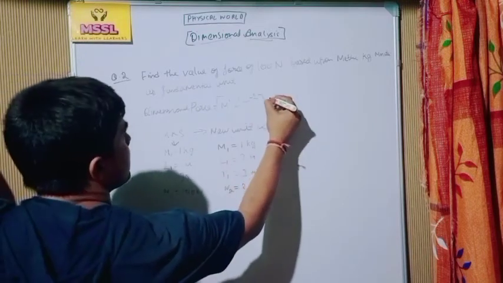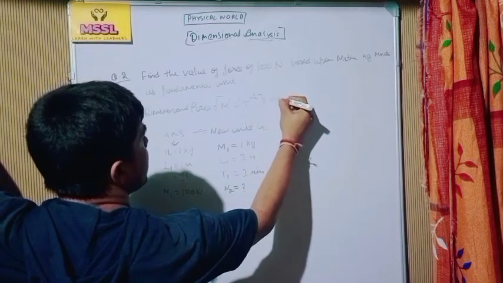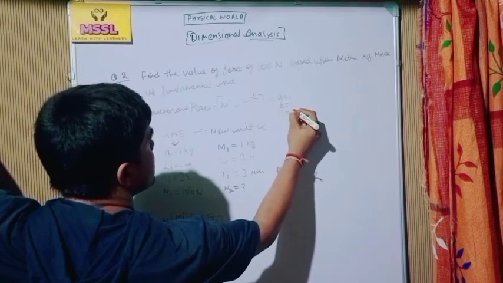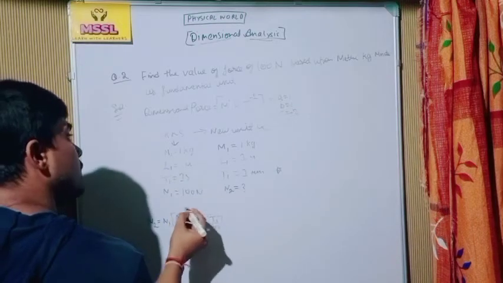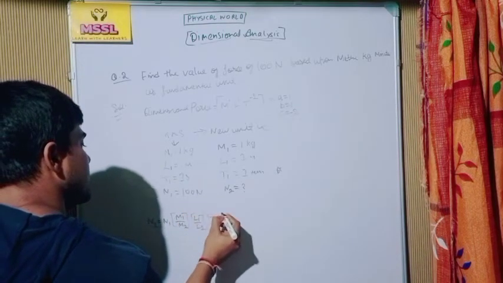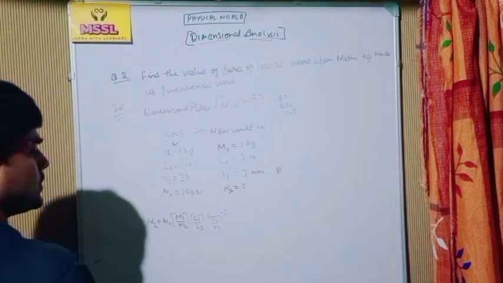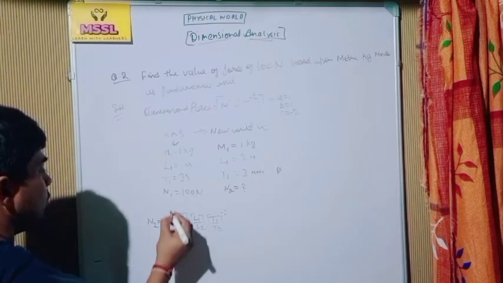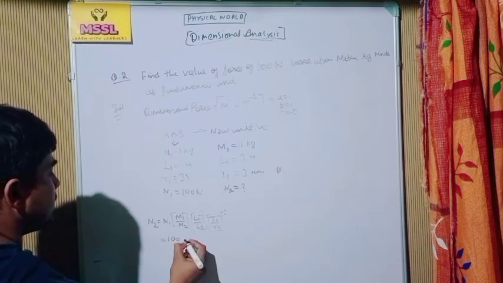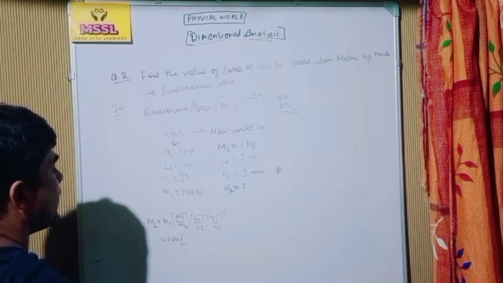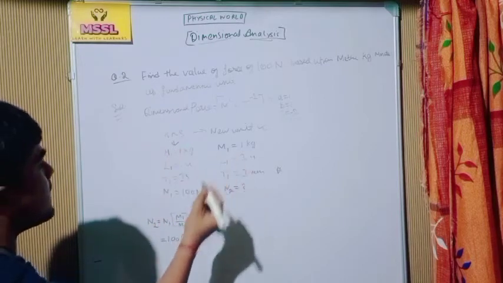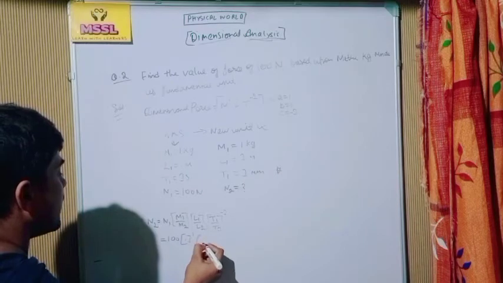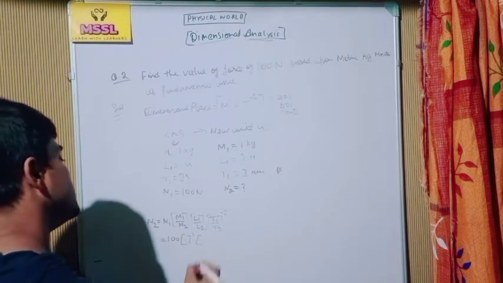Since we have a equals 1, b equals 1, and c equals minus 2, we can substitute these over here. N1 equals 100, M1 by M2 is 1 only, and L1 by L2 is also 1.